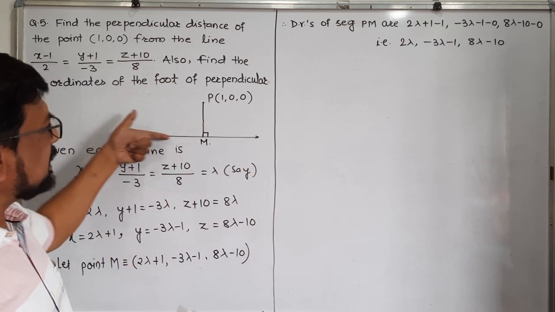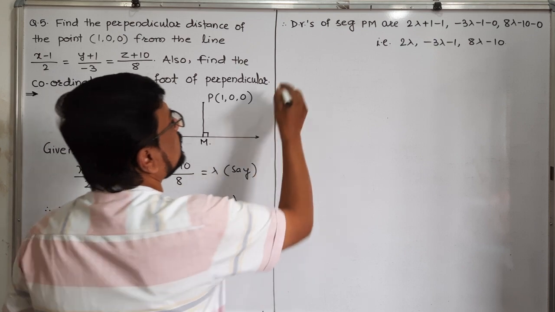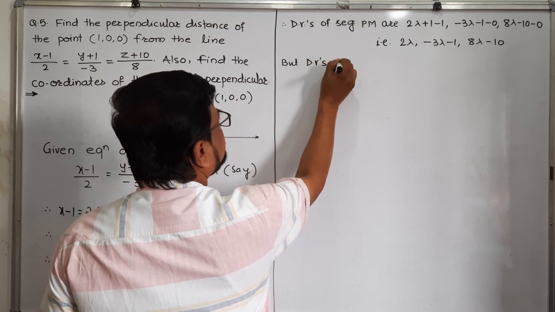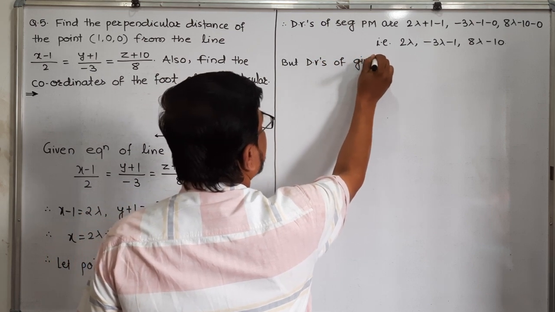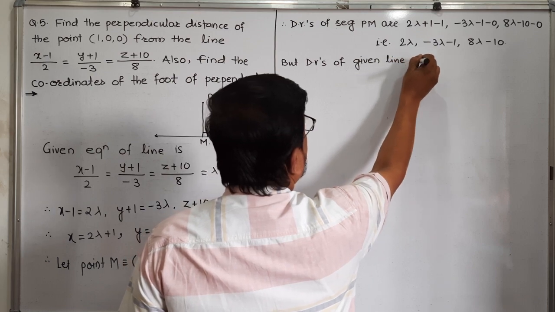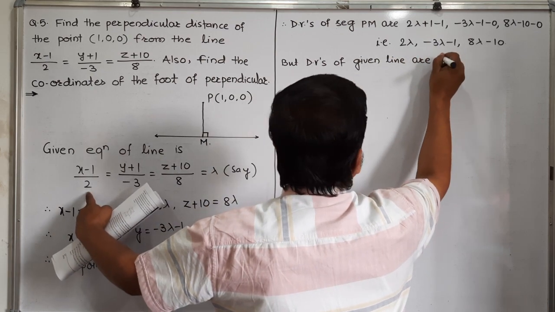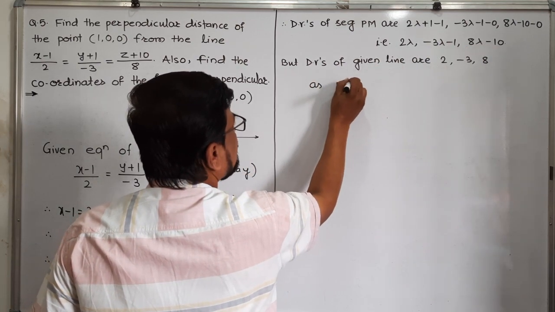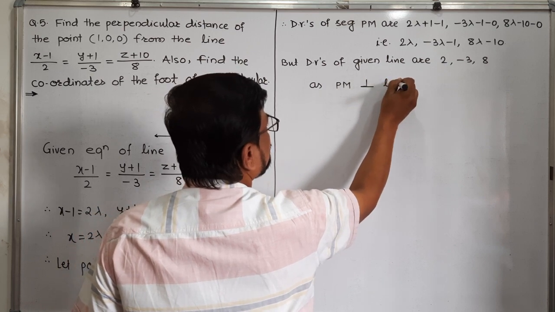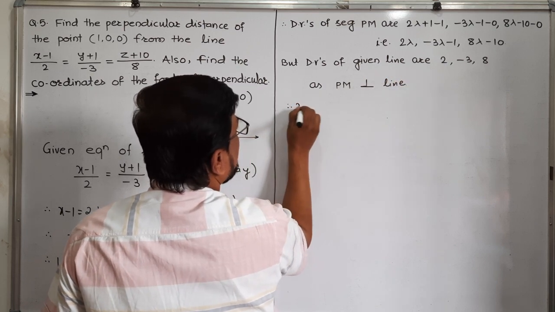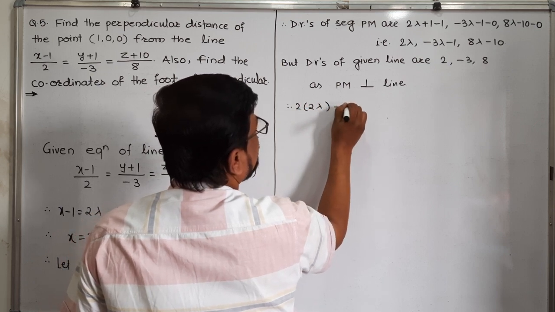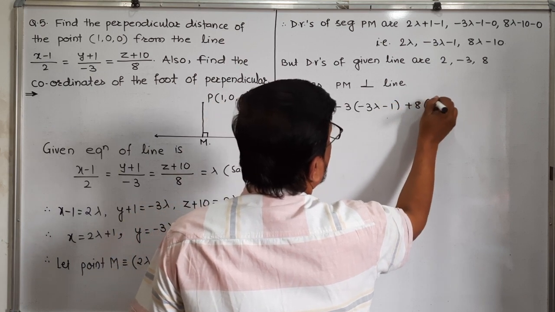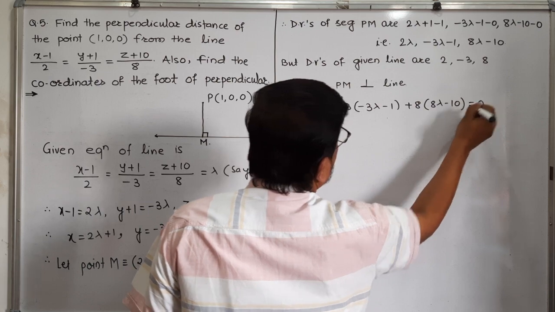Now we know that PM is perpendicular to the line. The direction ratios of the given line are 2, minus 3, 8. As PM is perpendicular to the line, we can say that 2 into (2 lambda) minus 3 into (minus 3 lambda minus 1) plus 8 into (8 lambda minus 10) is equal to 0.